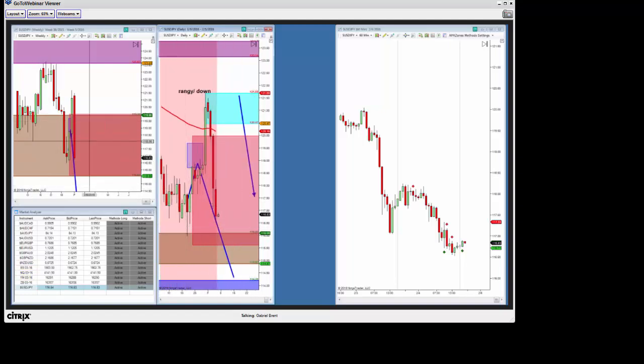At the bottom of this big weekly zone we see a daily zone, and then we can come over here and see another zone inside of that. So that's the way this works. It's fractal in nature, and we can do it on swing trades or day trades, however that works.